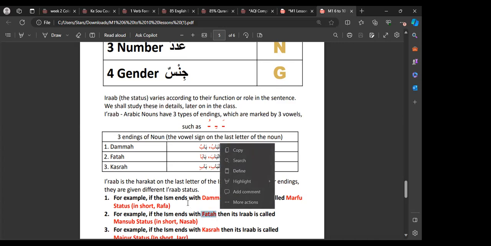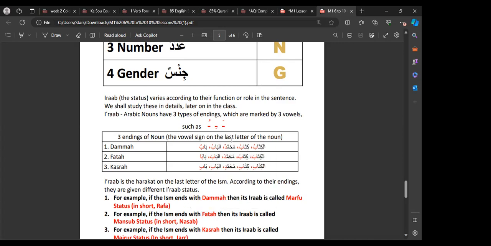And same with Muhammadun and Muhammadan and Muhammadin. They all mean Muhammad. They're all ma'rifa because it's a proper noun. It's a proper name. So they're all definite. But depending whether they're the subject or the object or the jar status, is what defines what status they are, what i'rab they have.